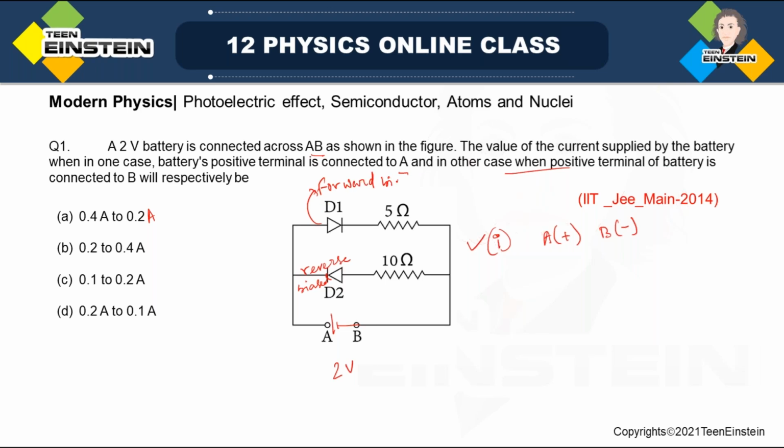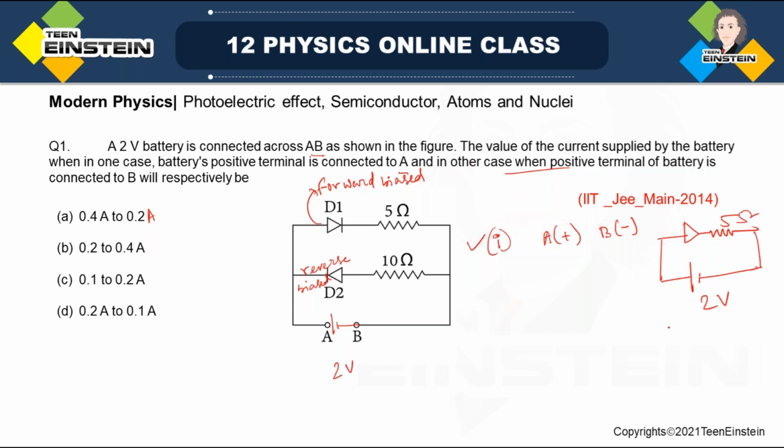And diode in reverse bias does not conduct. That means you have now in this case only this circuit. This diode is there, there is a 5 ohm resistance. Okay, and you have a battery connected to this, and this battery is 2 volt.